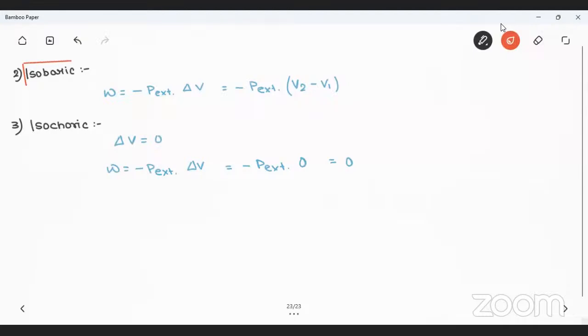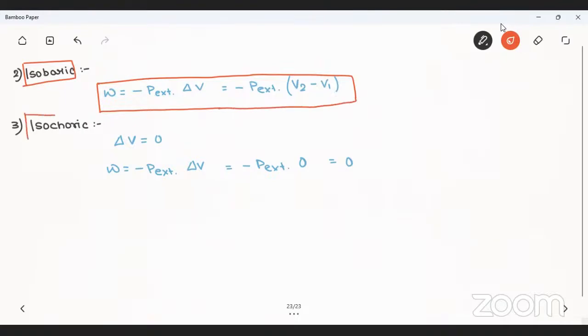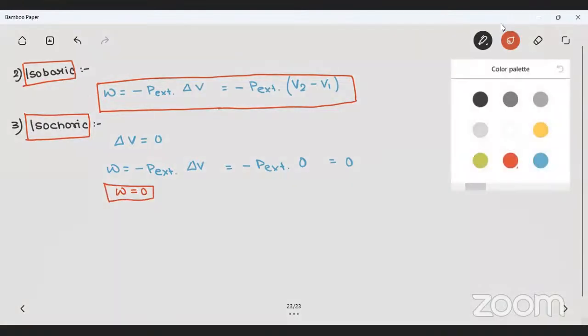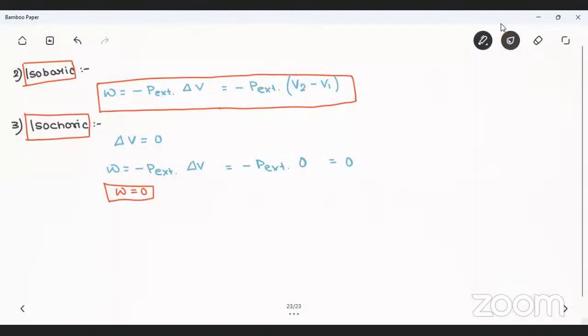For an isobaric process, use the general formula like this. These are the formulas you have to remember. And this is the derivation; I don't think anyone will ever ask you for it.